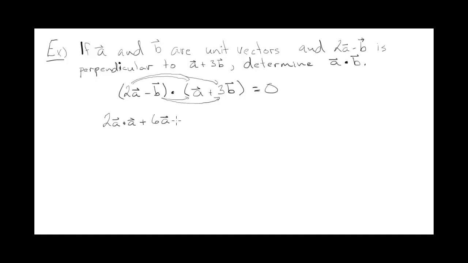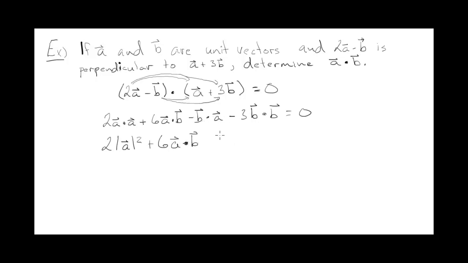So that'd be 2 times 3, which is 6, times A dot B, and then distribute the B. So this would be negative B dot A, and then you would have negative 3B dot B, and that's equal to 0. So this is 2A dot A, and remember that A dot A is equal to the magnitude of A squared, plus 6A dot B.